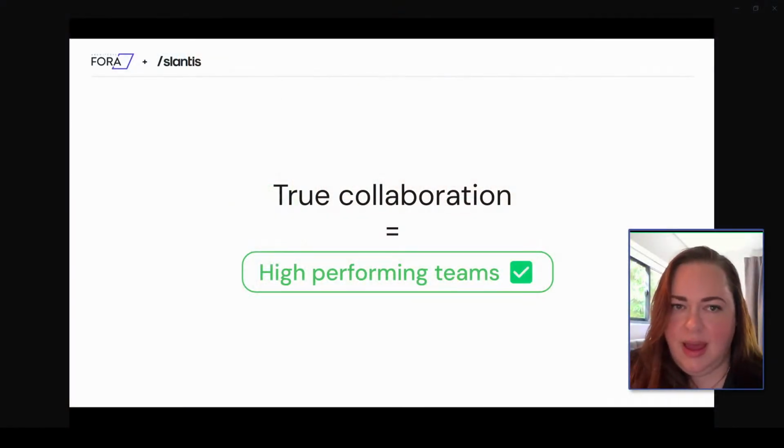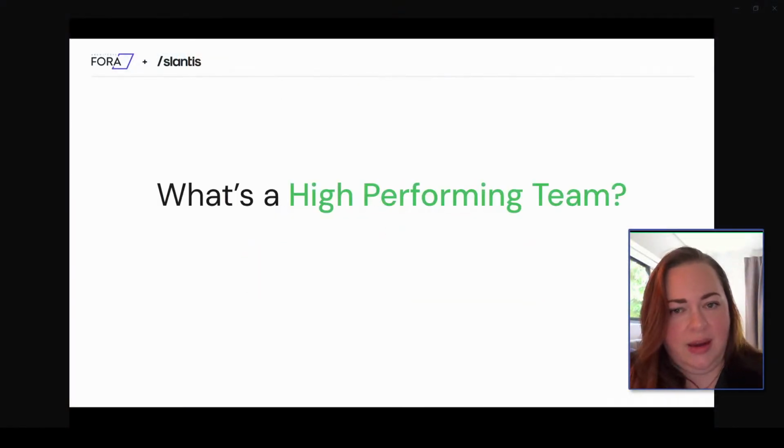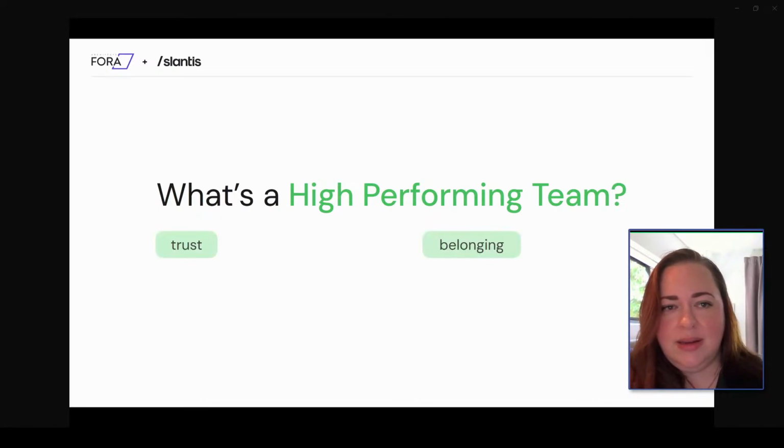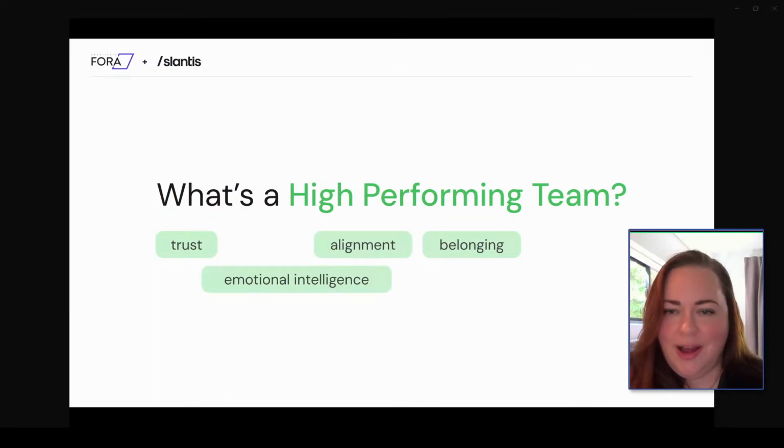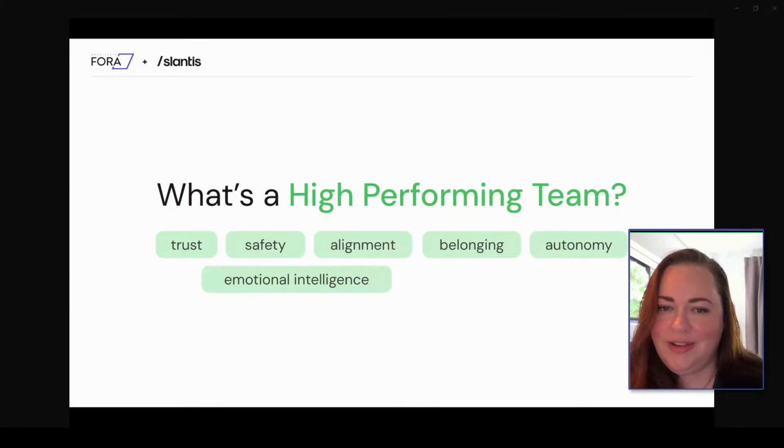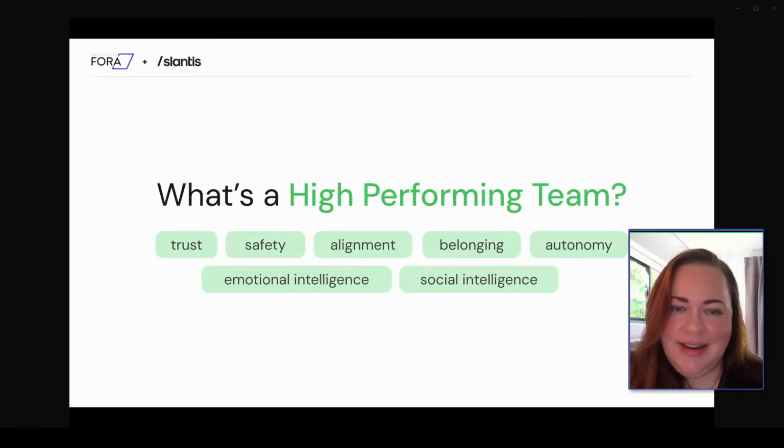So if you look at what collaboration is, it's really about high performing teams. And there are certain qualities that define what a high performing team is, and what's necessary for authentic collaboration. Those qualities are trust, safety, alignment, belonging, autonomy, emotional intelligence, and social intelligence.